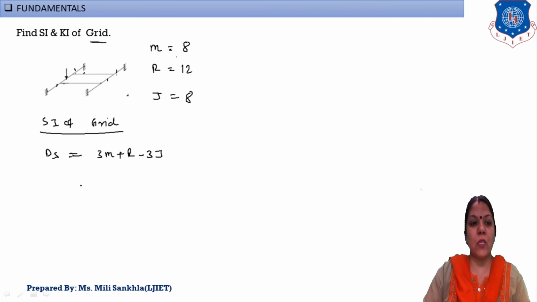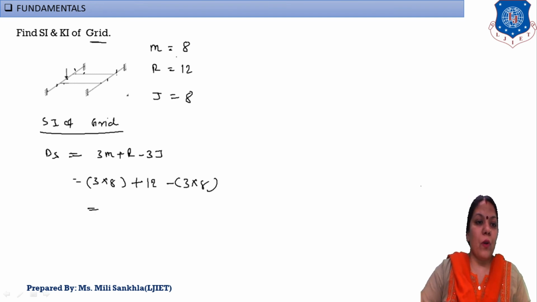Now put the values. 3, m is given 8 and capital R 12, and here 3 into j is given 8. 1 2 3 4 5 6 7 8, and joints 1 2 3 4 5 6 7 8. Perfect. Now 8 3s are 24 plus 12, and 8 3s are 24.